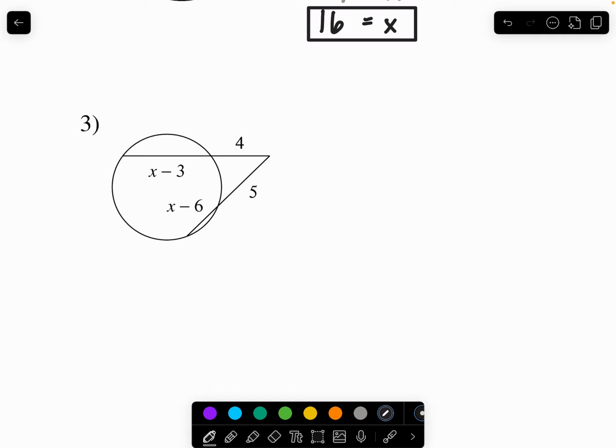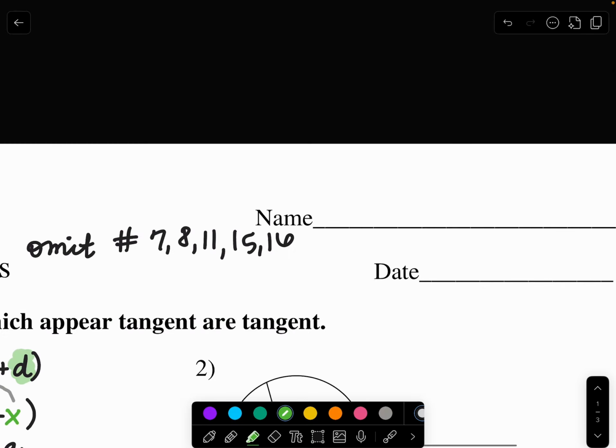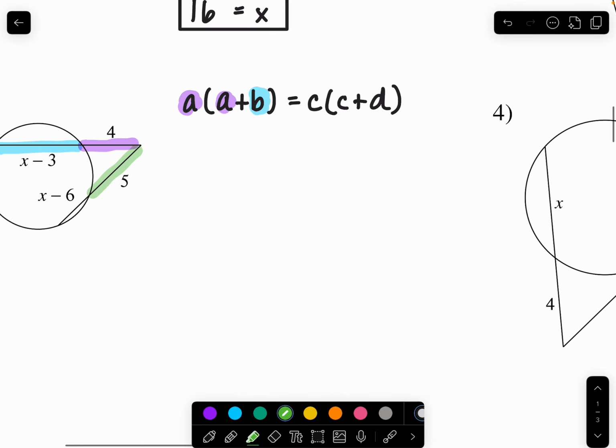For this one, we're going to use the formula a times a plus b equals c times c plus d. 4 is a, minus 3 is b, 5 is c, and then d is going to be x minus 6.